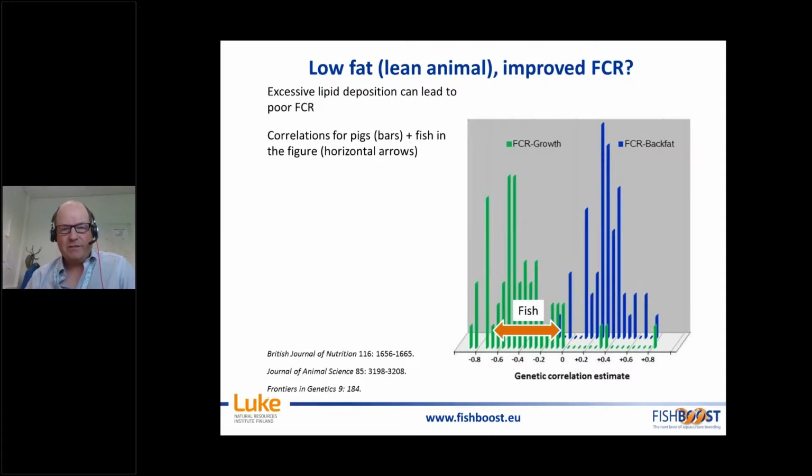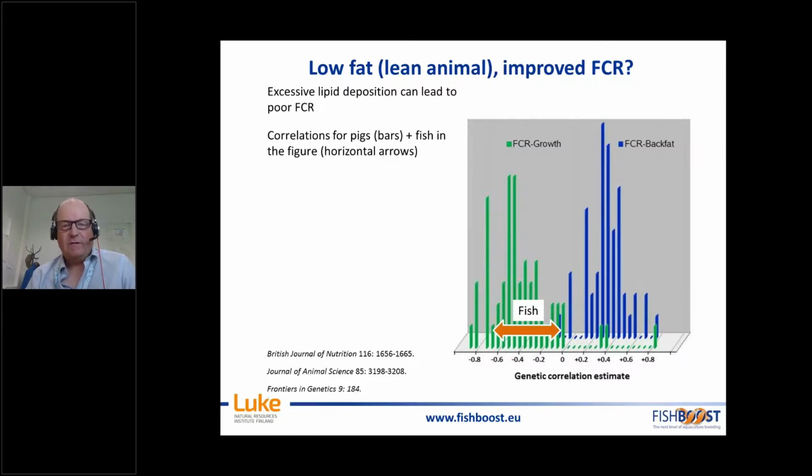They are the bars, and then we add on top the observations from fish. The reason why we use pigs is that pigs in the breeding program are growing animals. They grow for meat like fish, so they have similarities. And in pigs, this approach has been successful.